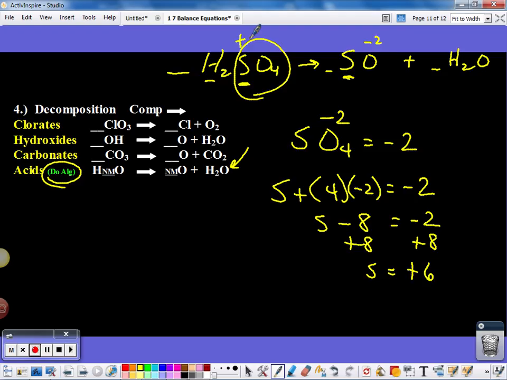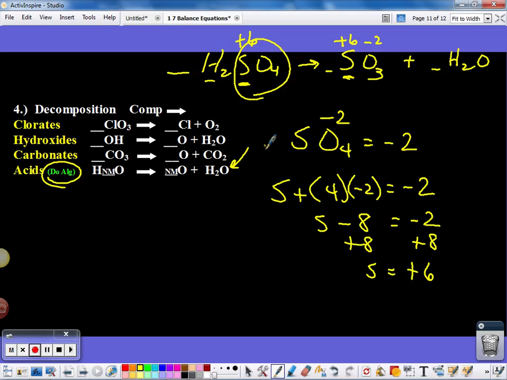So if it's a plus 6 here, it's a plus 6 here. So I balance that compound. SO3. Now what's the name of that compound? Sulfite. No, it's not sulfite. Sulfur trioxide. Remember, you don't look on the pink sheet to name a compound. Alright, so balancing, I have 2 H's, 2 H's.